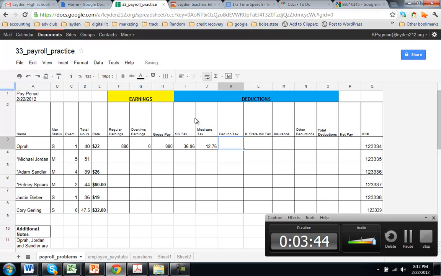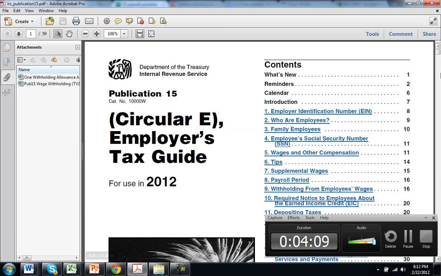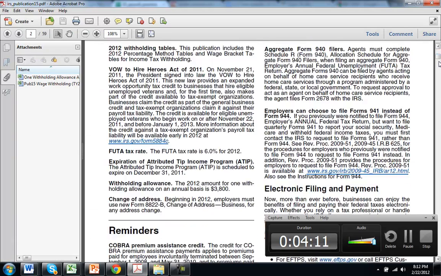Now, federal income tax is where it gets tricky, and it's not hard, it just takes a little bit more time. I need to know 3 things before I can determine her federal income tax. What her gross pay is, well, $880. How many exemptions or withholdings she took, which is 1, and whether or not she's single or married. Well, she's single. The last thing I need to know is how often she's paid. Well, we know she's paid weekly. So we're going to go to our IRS publication table. This is publication 15.